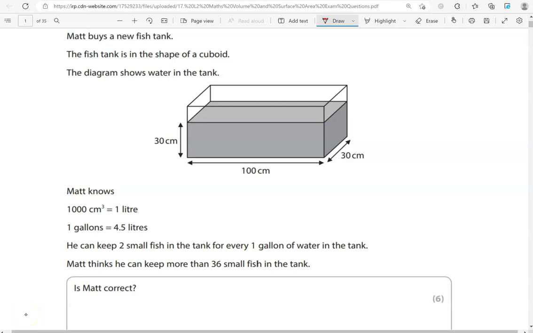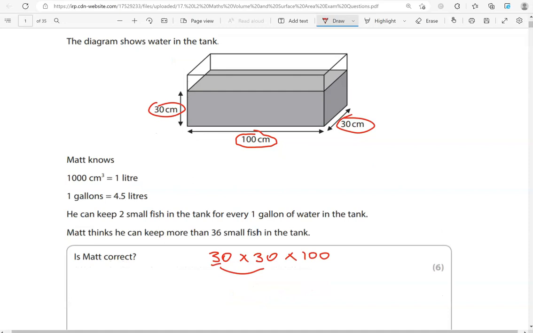So the first thing to do is to work out the volume. We've got these dimensions given to us, so length is 100 centimeters. We've got width and depth 30 centimeters each. So to work out the volume, we'll do 30 times 30 times 100. 30 times 30, that is 3 times 3, which is 9.